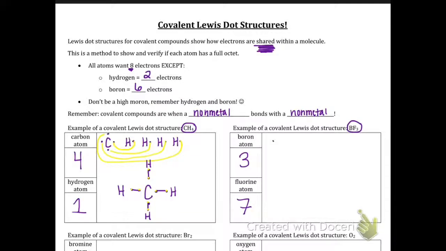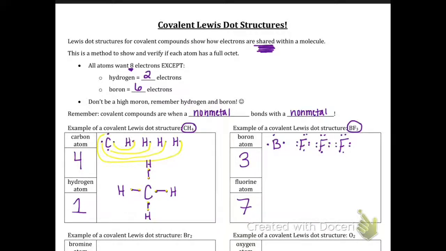I'm going to draw boron that has 1, 2, 3 dots. Fluorine has 7. 1, 2, 3, 4, 5, 6, 7. There's 3 fluorines, so I'm going to draw another one. 2, 3, 4, 5, 6, 7. There's another fluorine. 1, 2, 3, 4, 5, 6, 7.